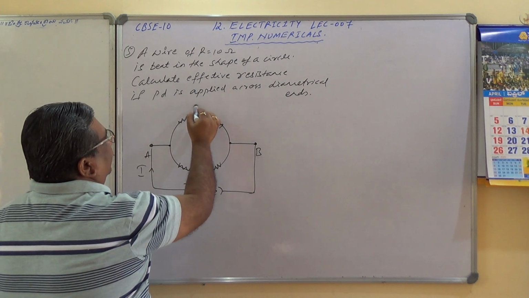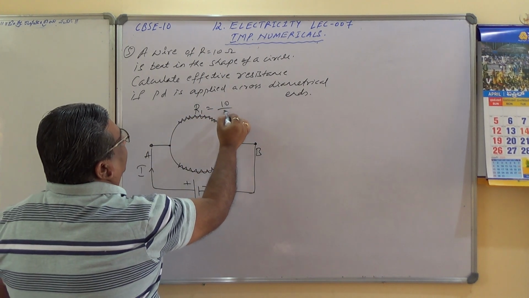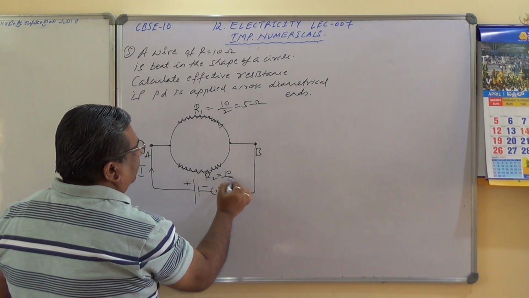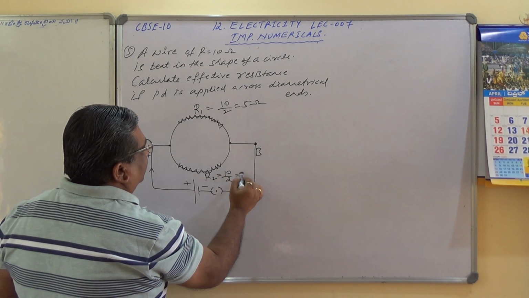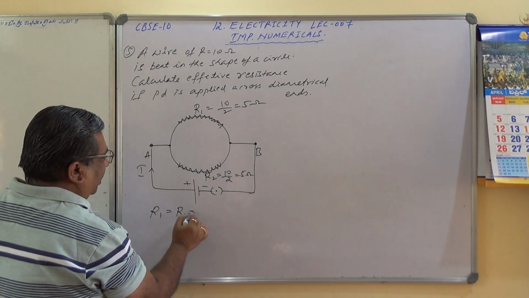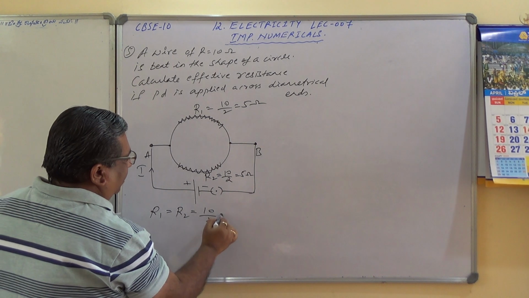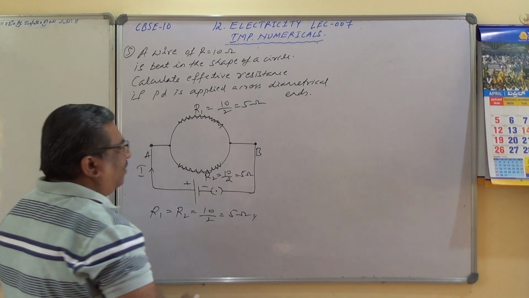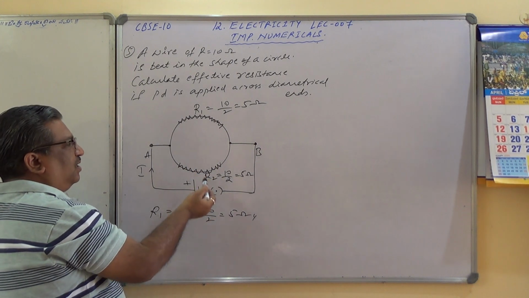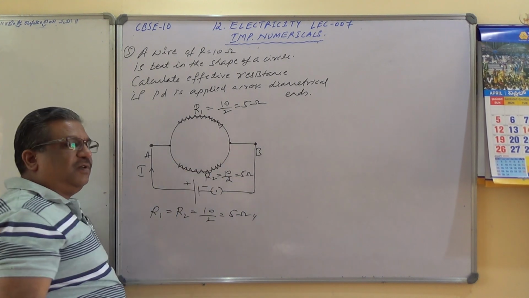Therefore, if I mention this as R1, 10 by 2 equals 5 ohms, and R2, which equals 10 by 2, which equals 5 ohms. So here R1 equals R2 equals 10 by 2, which is 5 ohms. Why is it 5 ohms? From here to here the length is half the original length, and therefore resistance is also half the original value.